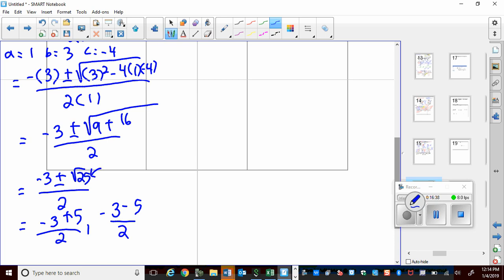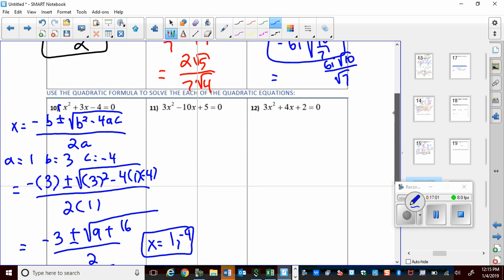And this, remember, square root of 25 is 5, right? That's where I got the 5 from. Simplifying, I get 1 comma negative 4. So my two answers here, x equals 1 comma negative 4. That's my final answers there. So you should be able to do 11 and 12.